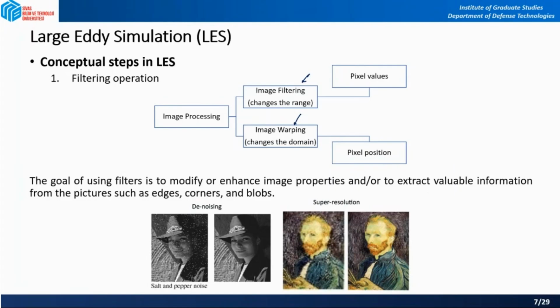For example, denoising. You have some noise in an image, and then you denoise it and you will come up with a smooth image. Or you can do super resolution on an image to enhance the quality or resolution of the image. So you have this image and then you will come up with the super resolution image.